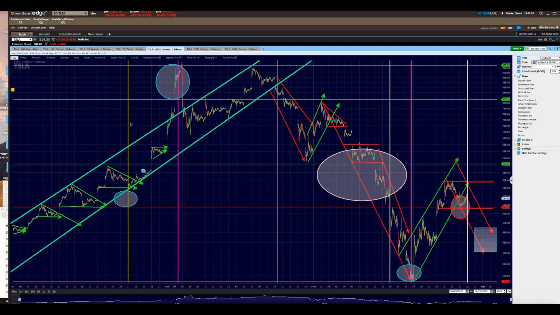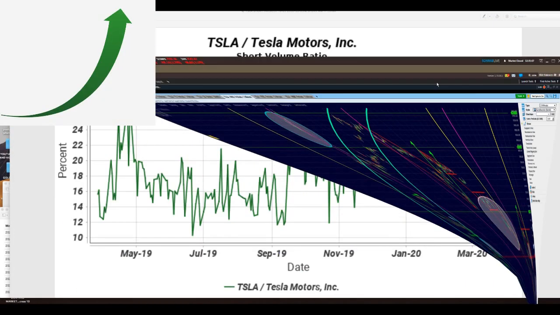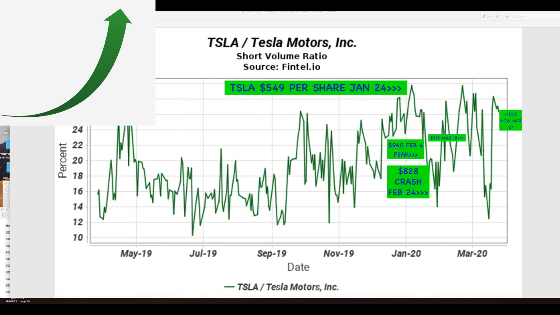So now let's go to the second short issue that I saw. This was in the pink line, second from the yellow on the right. This is when Tesla capped at its all-time high, at 960, February 4th, the peak.